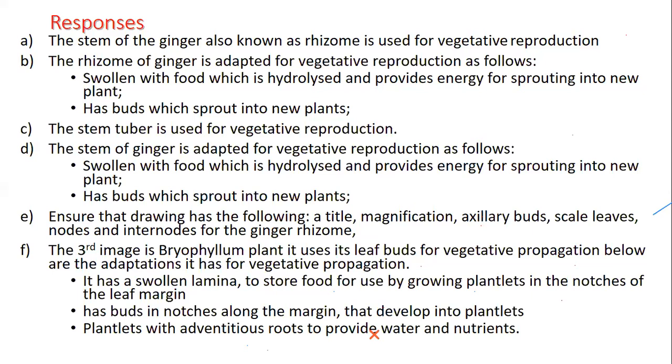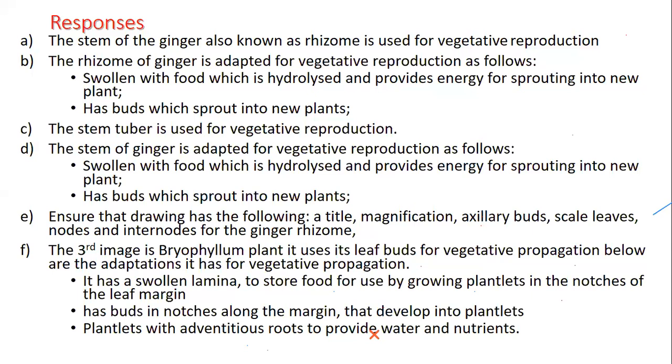So if we got the leaves and we planted them, or the aerial part of the shoot and planted it, it will not give us the new plant. But if we get the swollen stem, which in this case is a rhizome, and put it in the ground, it will develop into many other plants. So in this case, that becomes the rhizome, okay?